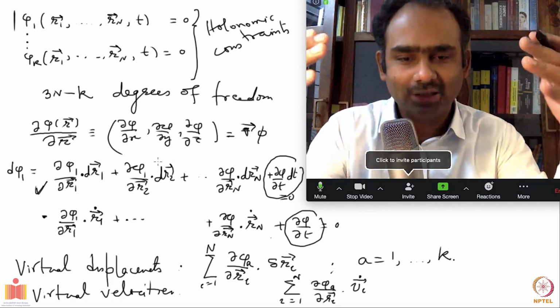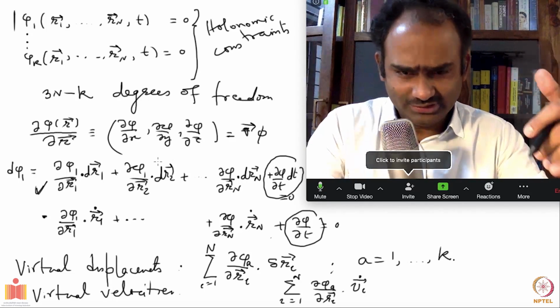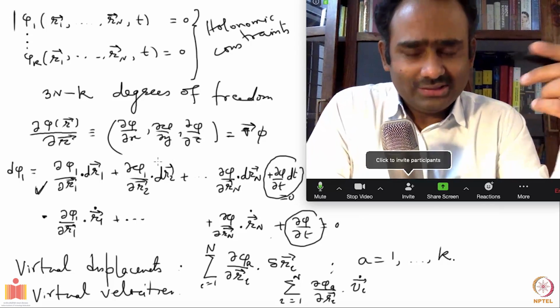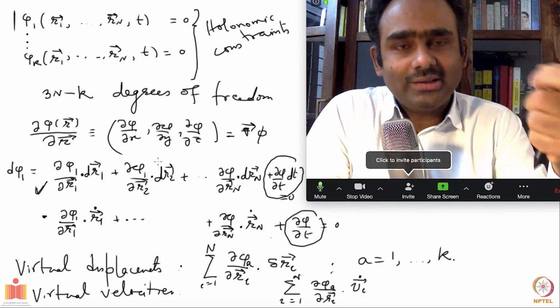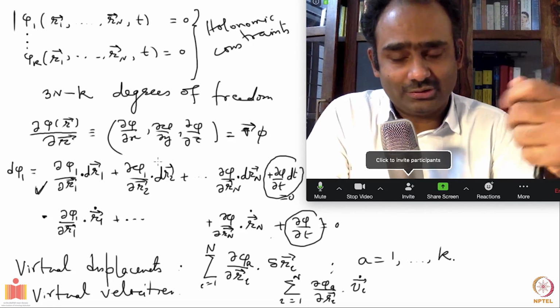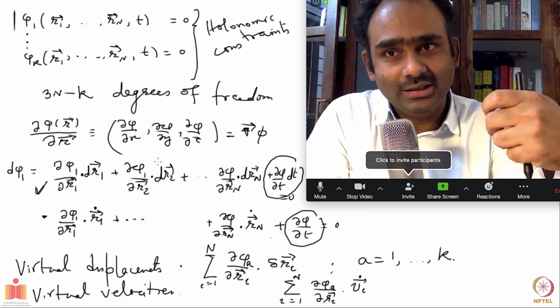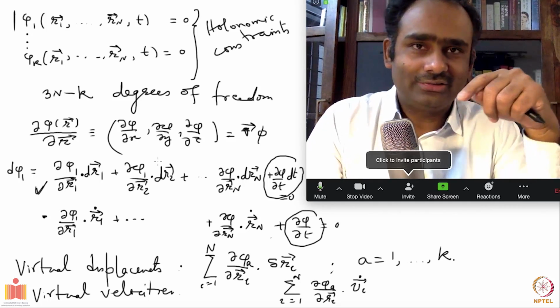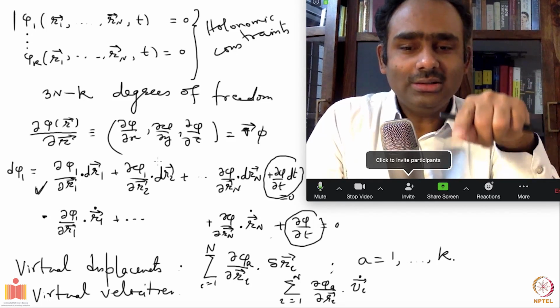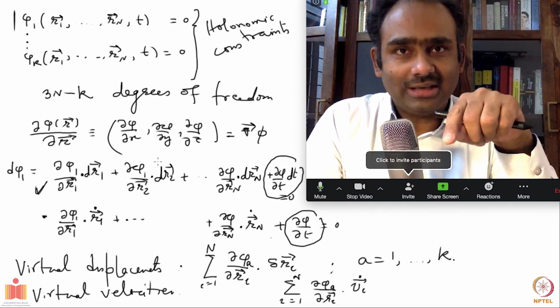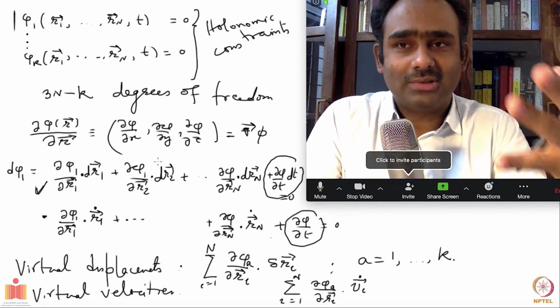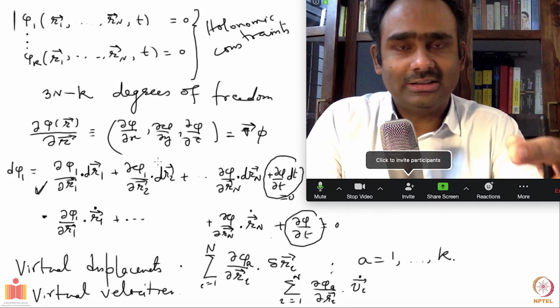Now, if you are given a set of constraints in the form of differentials, it is not necessary that you will be able to integrate them and write them as functions. So there may not exist integrating factors which will allow you to turn them into functions. Now, if that is the case, then your constraints are not holonomic, because we need them to be written in terms of functions.